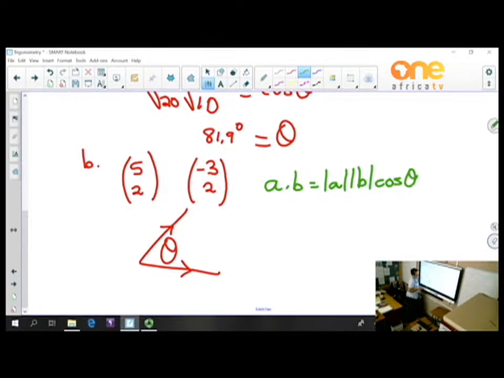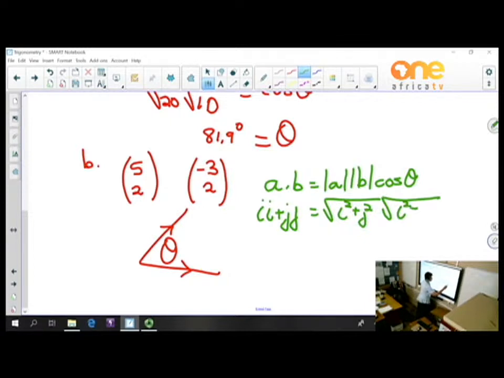So now I have to do that. What is the meaning? ii plus jj is equal to i squared plus j squared times i squared plus j squared, cosine theta.